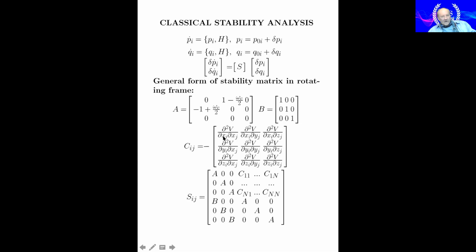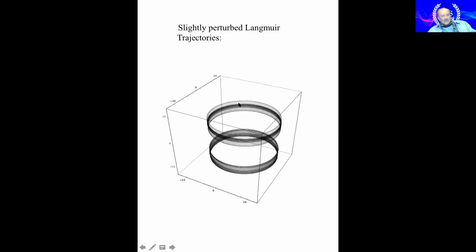So you are getting problems similar to finding the band structure in solids, when the number of the bands is basically 6 times n, where n is the number of electrons. Okay, so if you perturb slightly the Langmuir trajectories without fields, they are unstable.